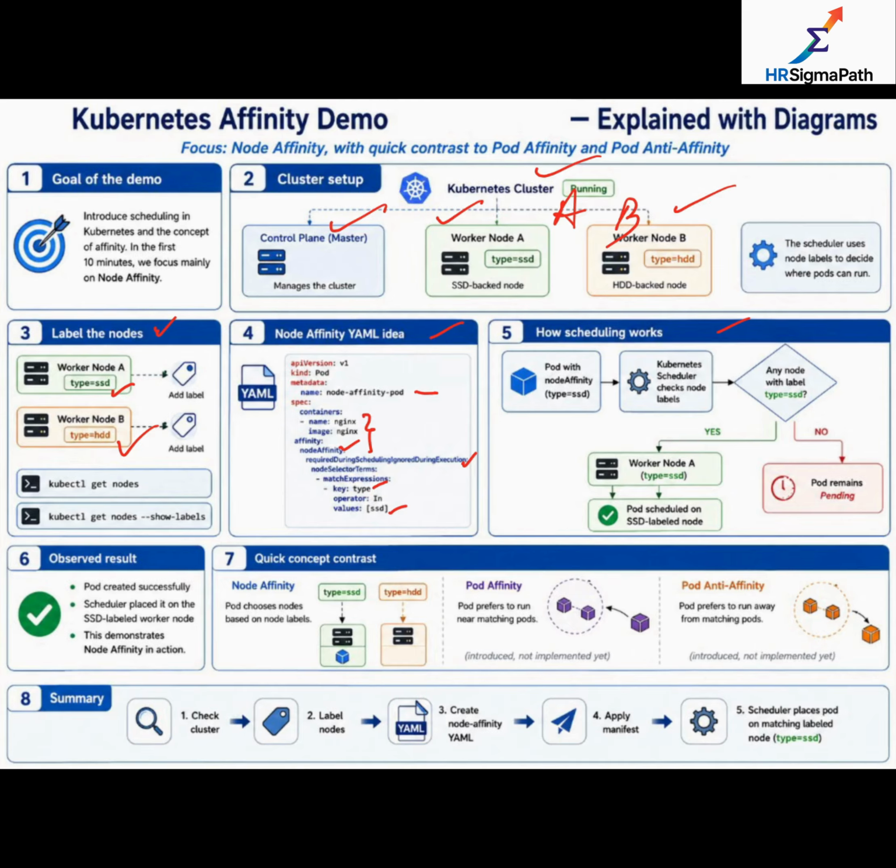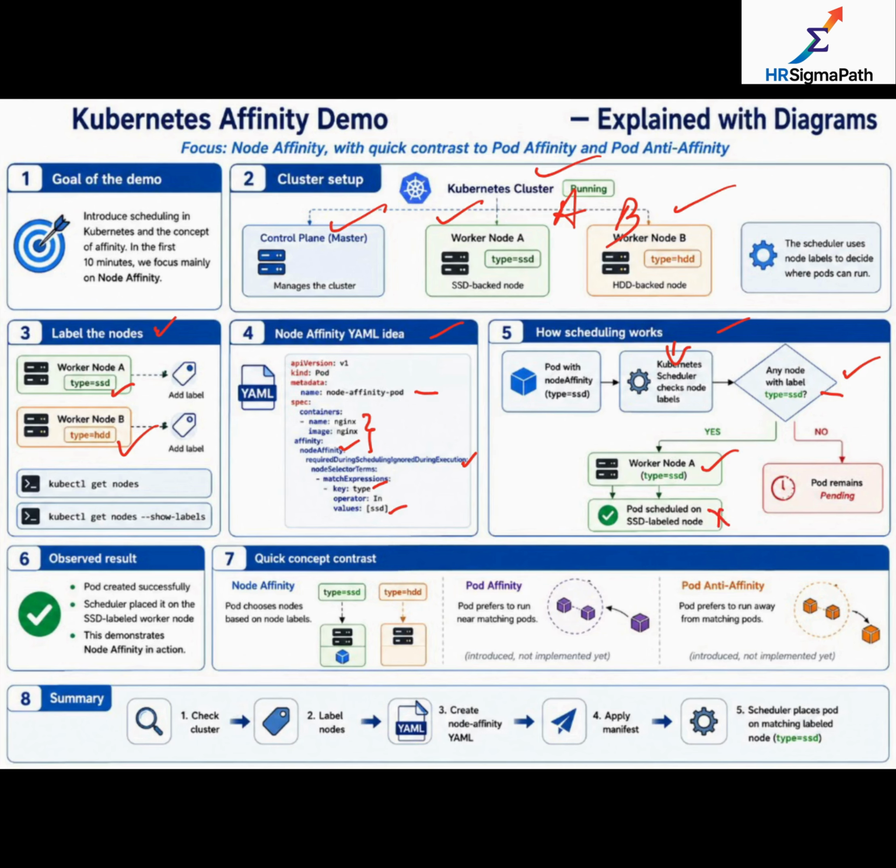The pod request goes to the scheduler, and the scheduler checks the node affinity condition. It asks, is there any worker node with label type SSD? Worker node A has type SSD, so it matches. Worker node B has HDD, so it does not match.